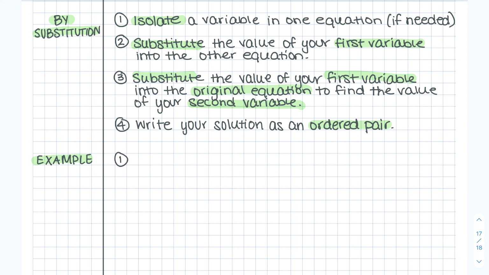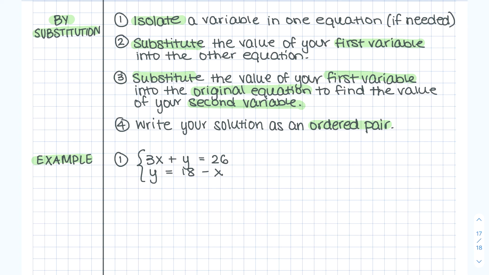Okay, the first example that I have for you is the system 3x plus y equals 26 and y equals 18 minus x. That's the first system we're going to work with. Okay? Now let's look at our first step.